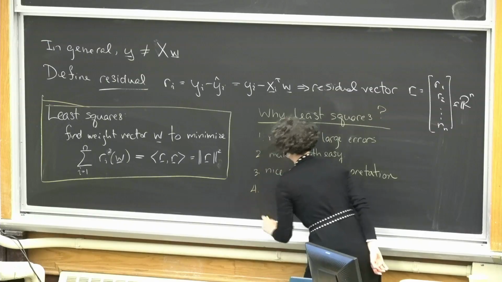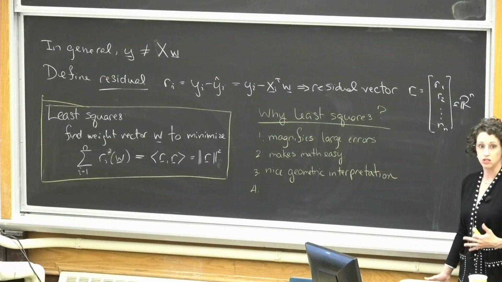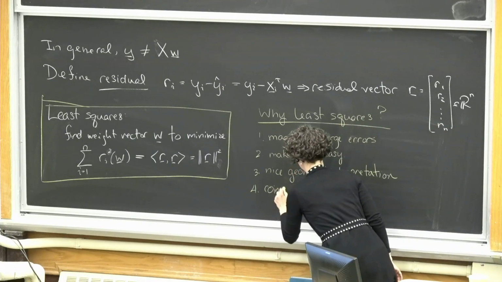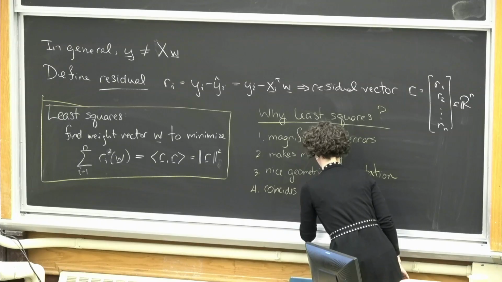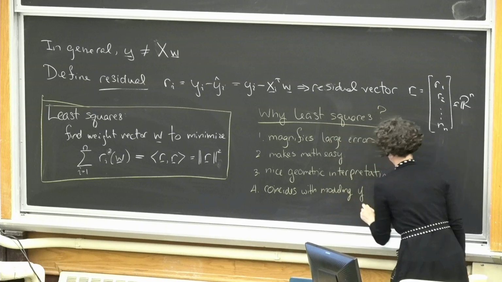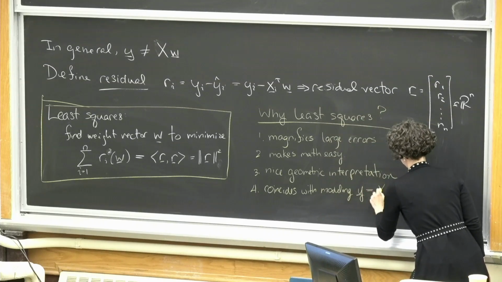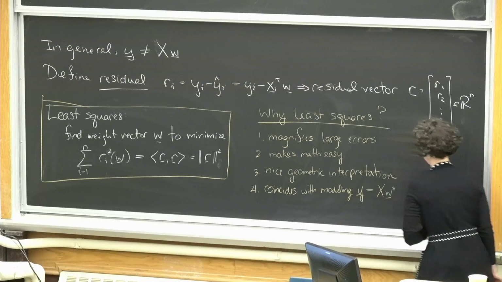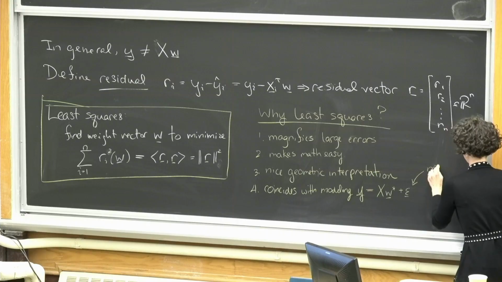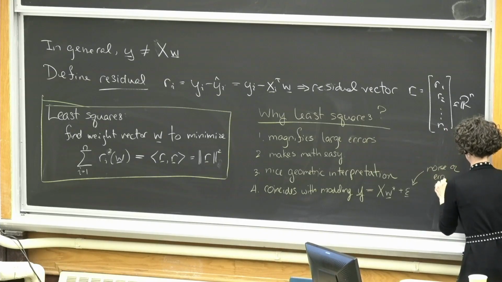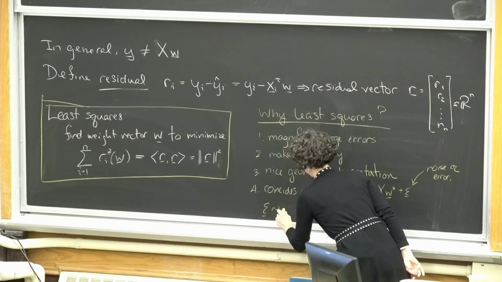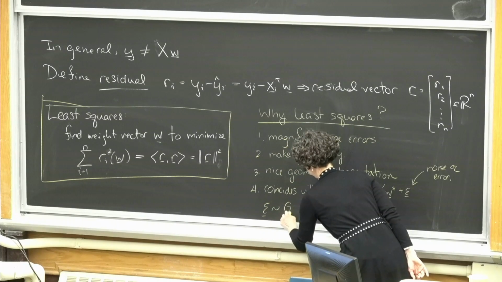And then finally, for those of you who are more interested in statistical aspects of these things, it coincides with modeling the true labels y as being x times some true w star plus some noise or error, and imagining that error is coming from a Gaussian distribution.